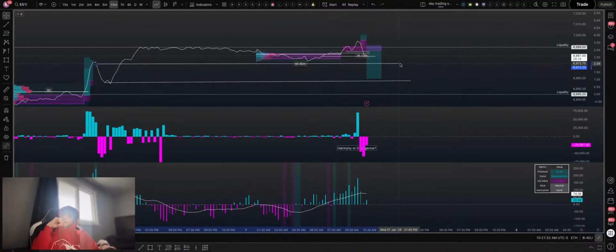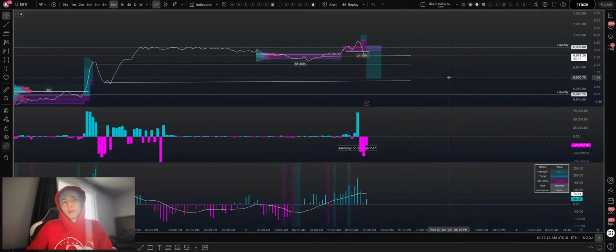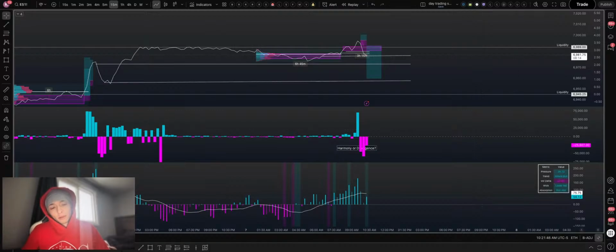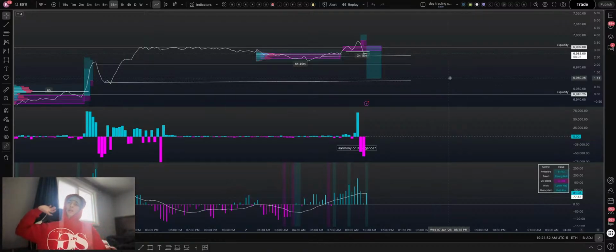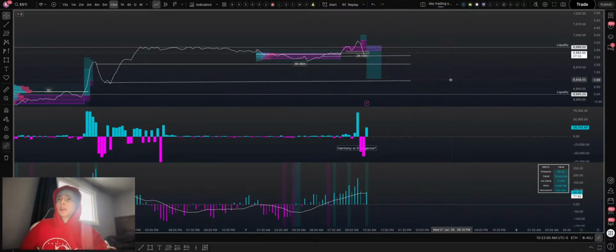But we still have a lot of support that we need to break to get to our take profit. So I don't know how long this trade is gonna take. It might take the rest of the entire day to just slowly move down. I don't think it's gonna get there quickly.